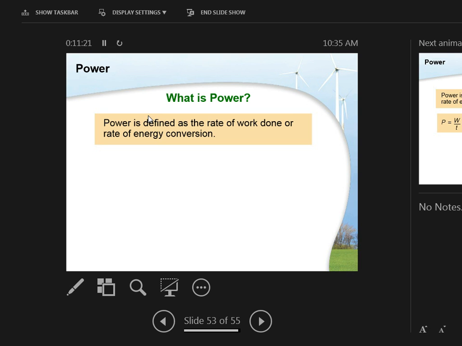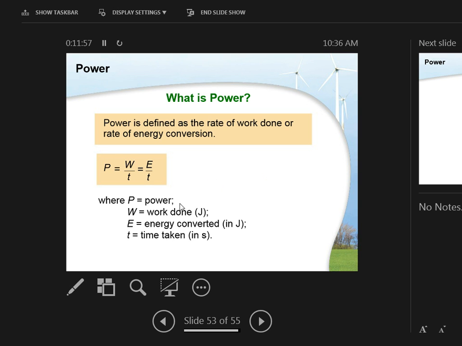So what are we expecting for the formula? It will be work done divided by time, which is the same as energy converted divided by time. So this phrase, rate of, generally it means divide by time. So when you know the definition, it helps you remember the formula. When you know the formula, it helps you remember the definition also. Okay?